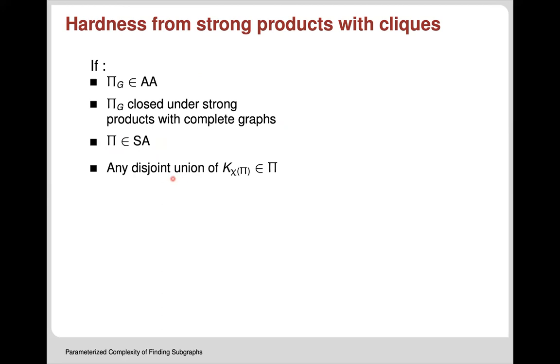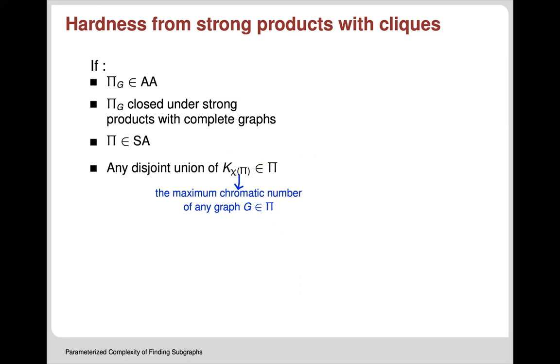And then there's another condition which says that any disjoint union of chi pi cliques belongs to pi, where chi pi is the maximum chromatic number of any graph G in pi. So if I take any disjoint union of cliques of this size, then that should also belong to pi.